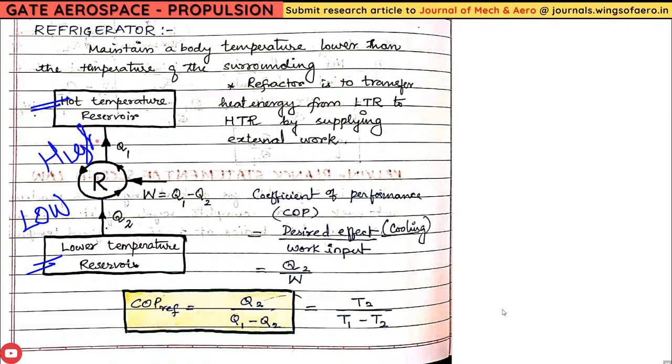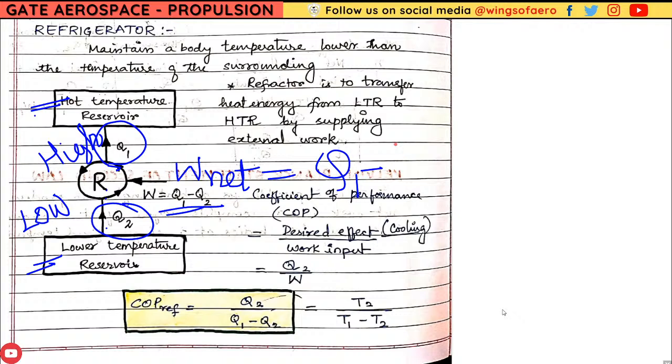Here Q2 is entering into the system, and Q1 is leaving the system. The net work done is Q1 minus Q2.